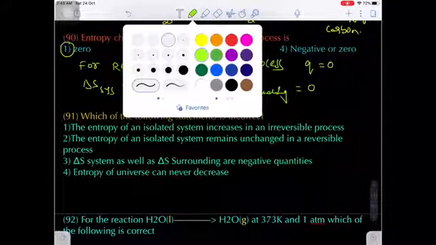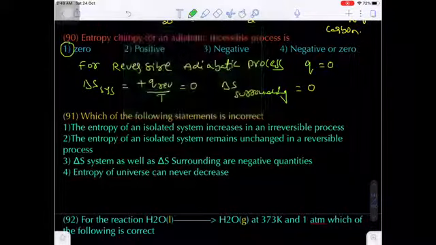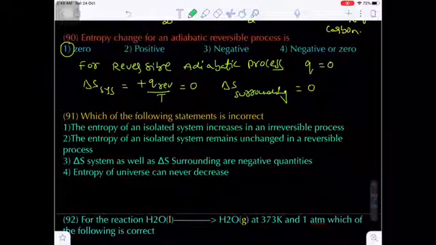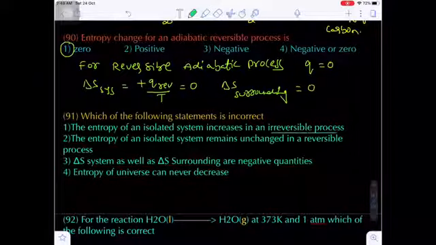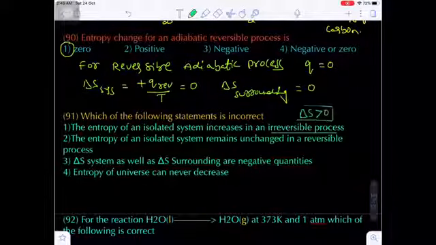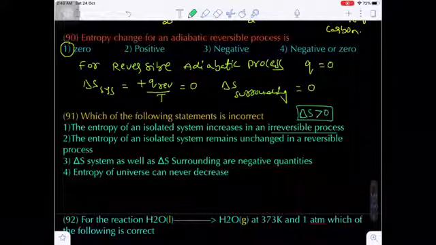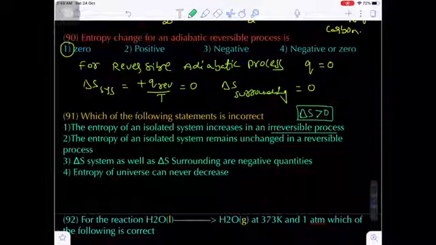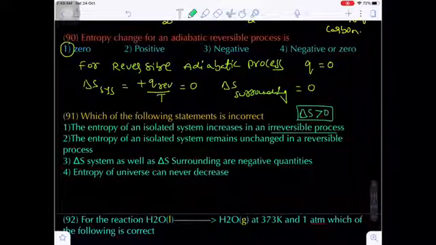Now question number 91. Which of the following statements is incorrect? The entropy of an isolated system increases in an irreversible process. Yes, in an irreversible process, change in entropy is positive. That's why this reaction occurs only in one direction. That statement is true.